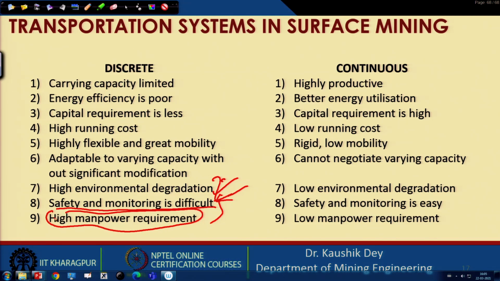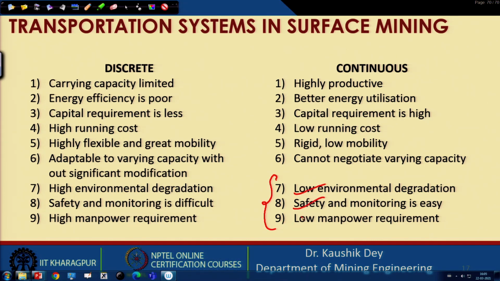Automation is difficult, though nowadays good research work is being carried out on the automation of the dumper transportation system. The continuous system has advantages in environmental degradation, safety, manpower requirement and automation.